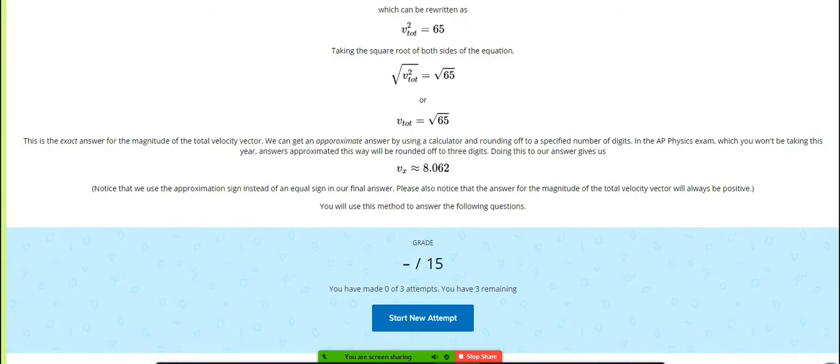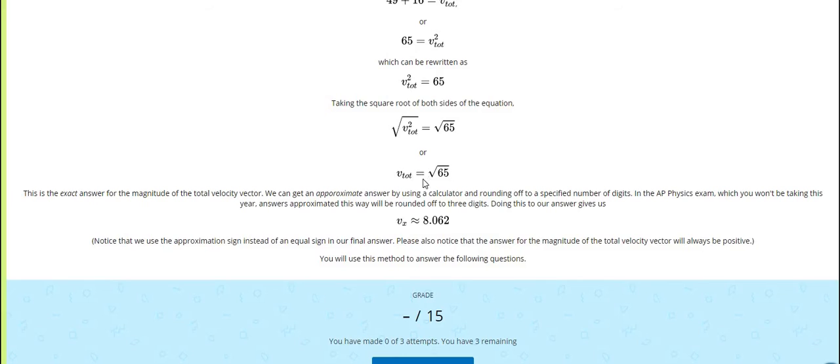The approximation, which is why I'm using the squiggly equal sign here, is 8.062.